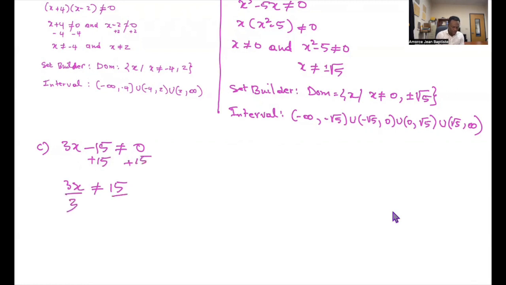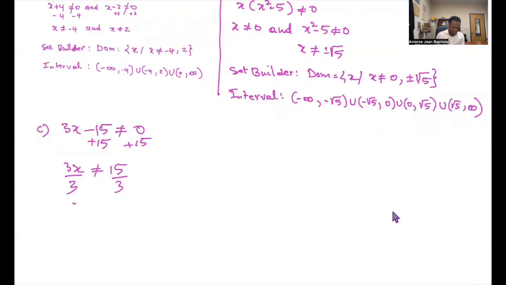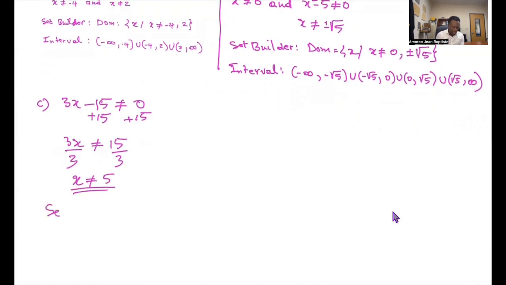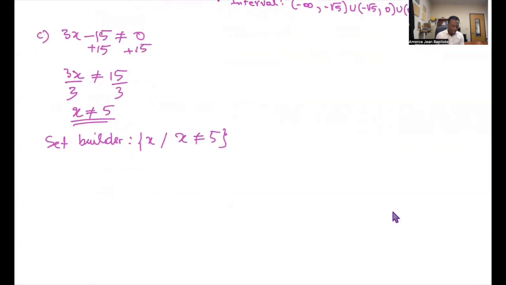If you divide by 3, we want x to not equal 5. So your domain in set builder notation will be the set of x such that x is not equal to 5, or in interval notation, from negative infinity to 5, union from 5 to infinity.